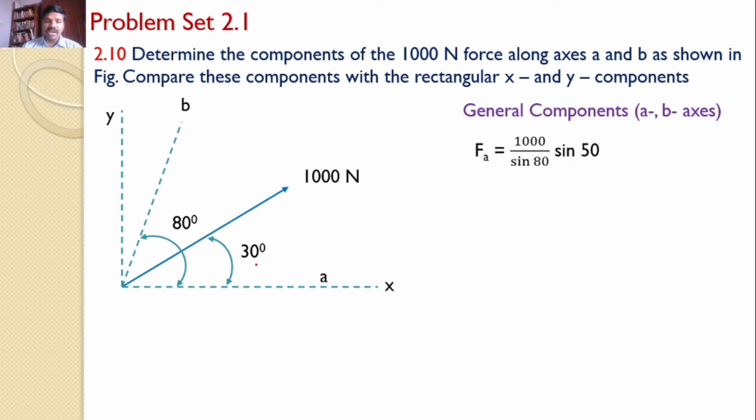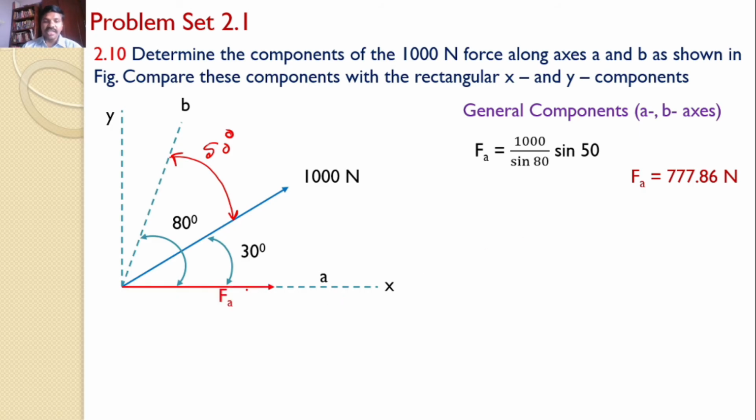The force along A, Fa, is equal to F by sine theta, that is sine 80, into sine of this angle, and how much is this angle? Obviously this becomes 50, hence it is sine 50. So Fa is equal to 1000 by sine 80 into sine 50, which gives the value of 377.86 newton.